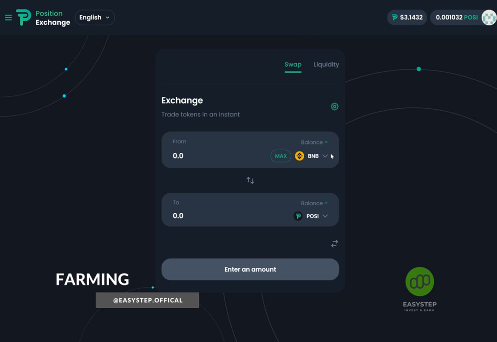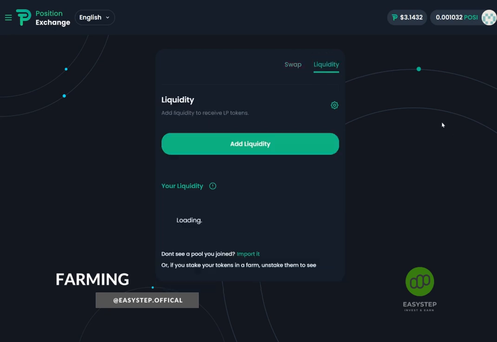And once you have a 50-50 split between your POSI and BUSD, then you can actually create your LP token. So you'll do that swap from here. And once you have an equal amount of POSI and BUSD, you'll click add liquidity to create the LP token.